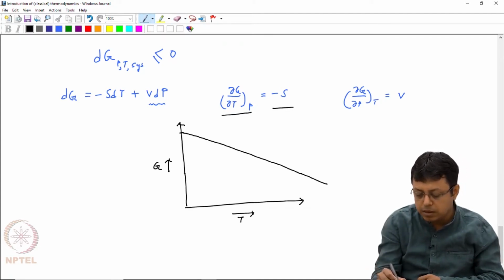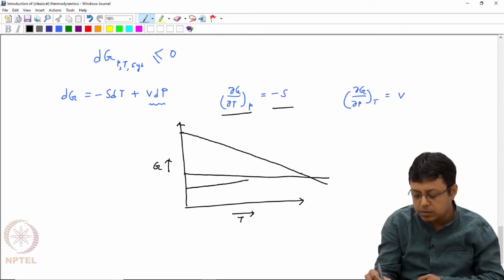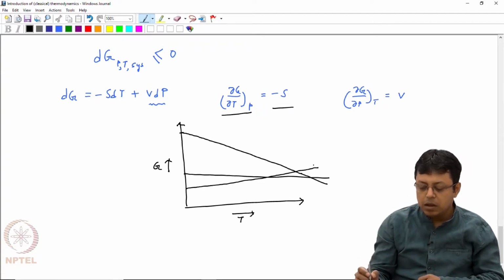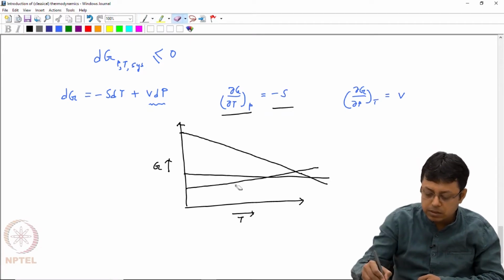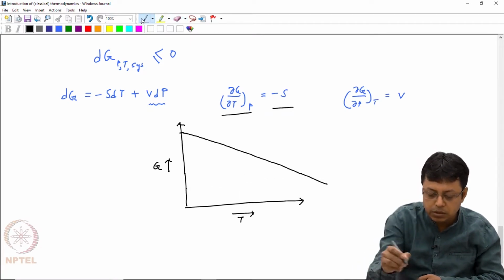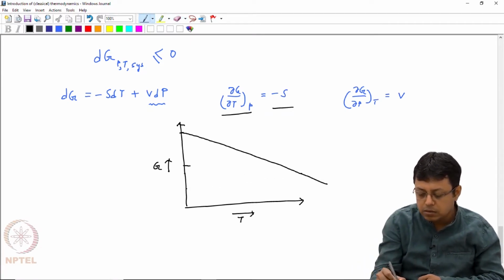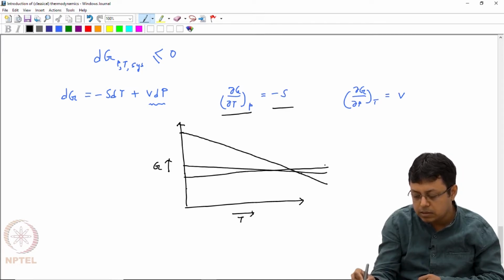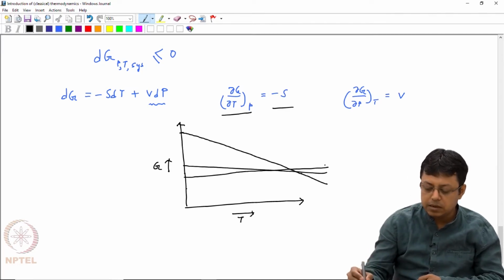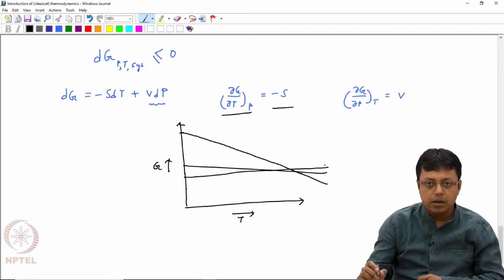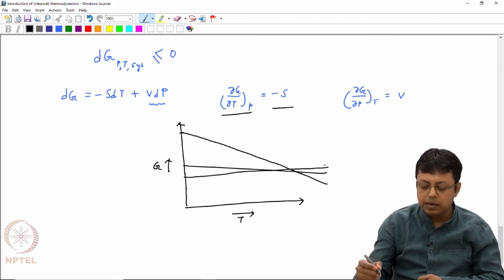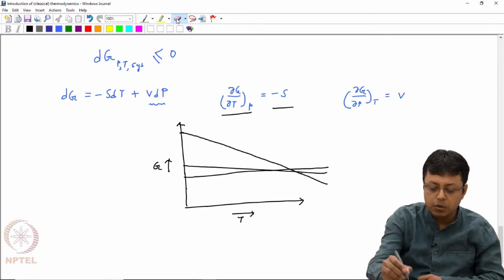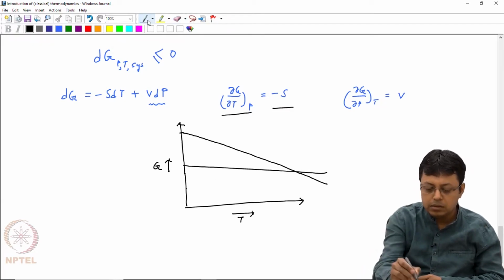It will have some slope, but of course it will be less, and for solids it will be even less. Now it's not increasing, so let me just redraw the liquid and solid curves once again. Let's say the liquid is something like this and the solid is something like this. Everything is decreasing, but for the liquid and the solid, the decrease is at a much lower rate than for the vapor.